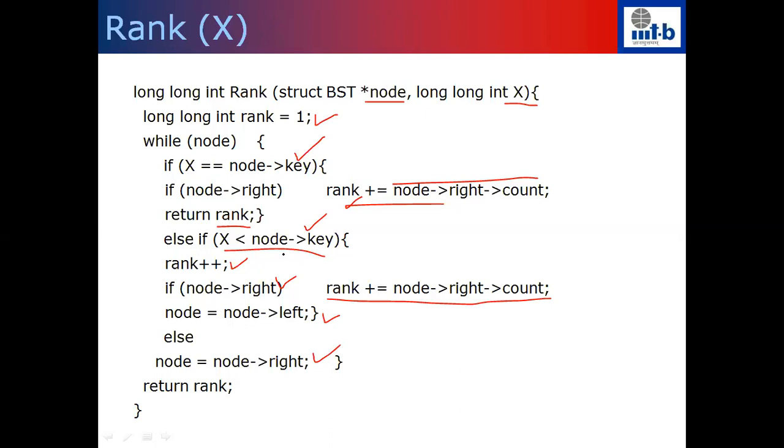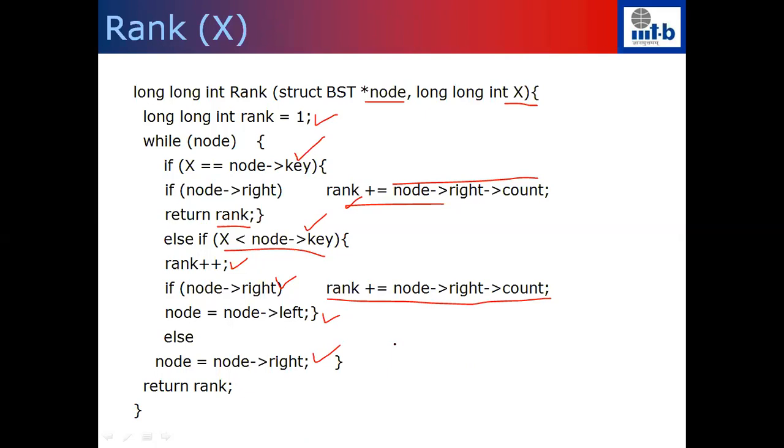At the end of this while loop, whatever is the value of rank, just return that rank. Since the height of the tree is log n, and every time you're going down by one level, the complexity of finding the rank is order log n.